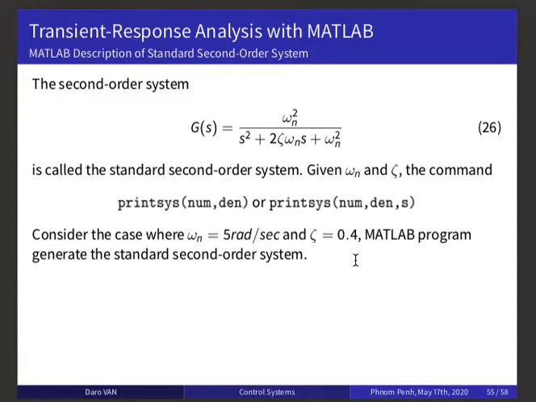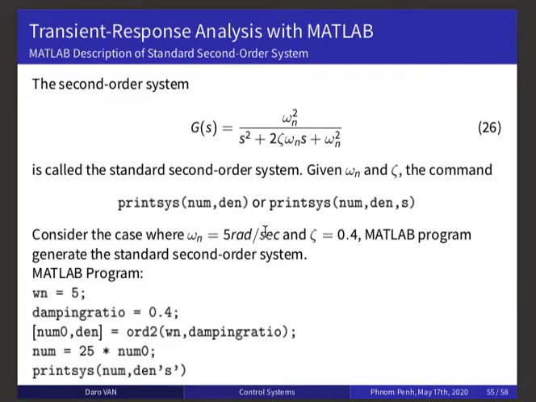You can use MATLAB to generate this G(s) like this. Specify omega n and the damping ratio, and also 25 times the numerator, which is the output of this function.